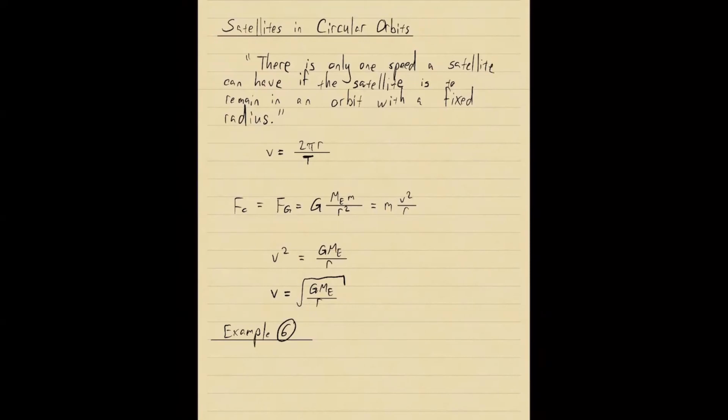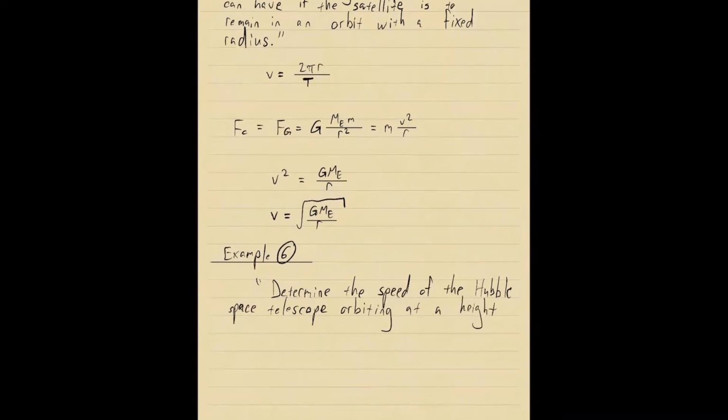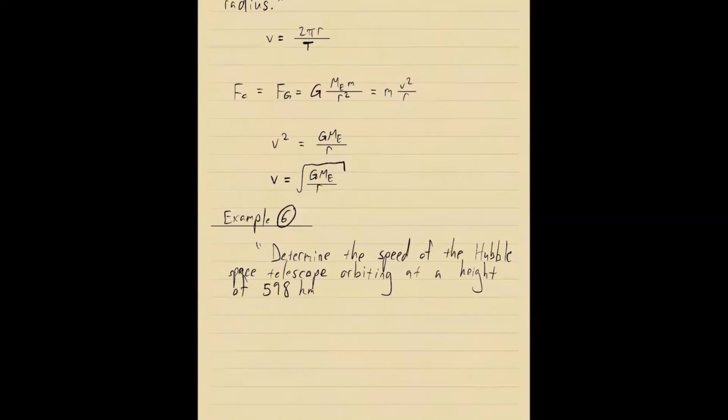Example 6 says, to determine the speed of the Hubble Space Telescope, determine the speed of the Hubble Space Telescope orbiting at a height of 598 kilometers above the Earth's surface.